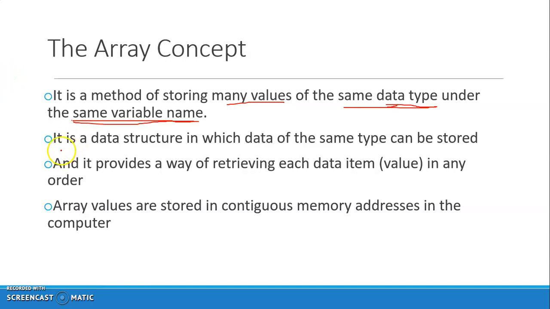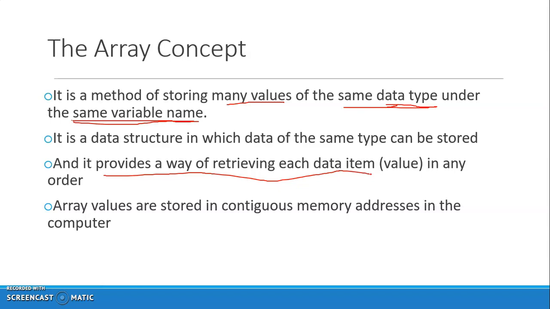It can also be described as a data structure in which data of the same type can be stored, and of course it provides a way of retrieving each data item in any order. So if we have 10 numbers that have been declared as an array, you can start displaying any number that you want.